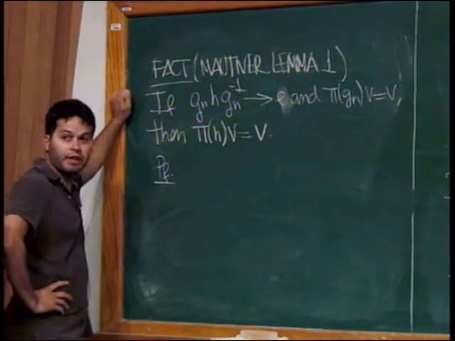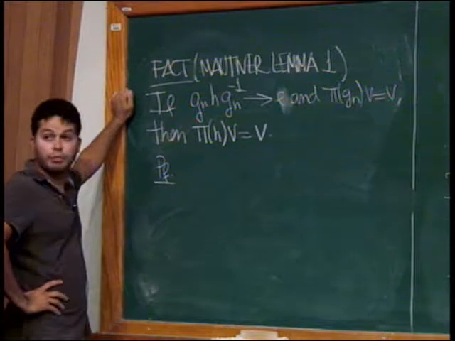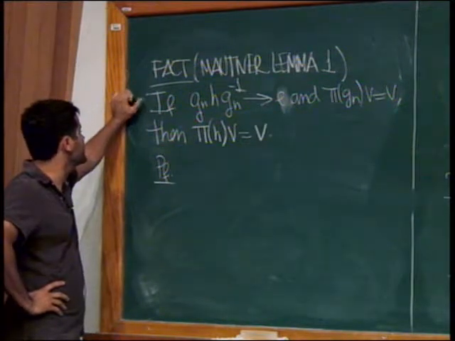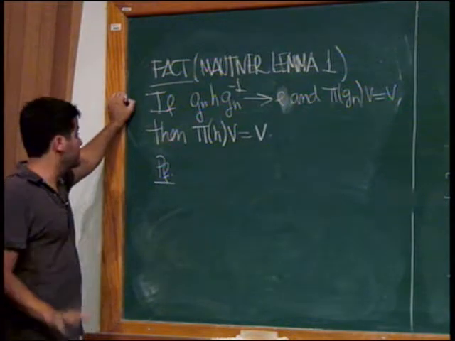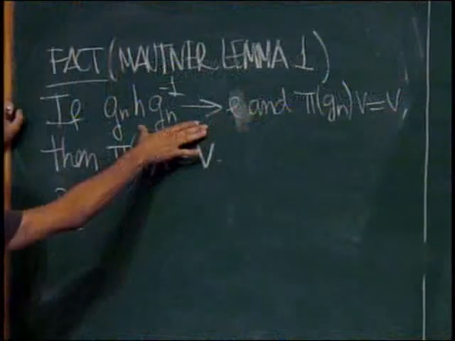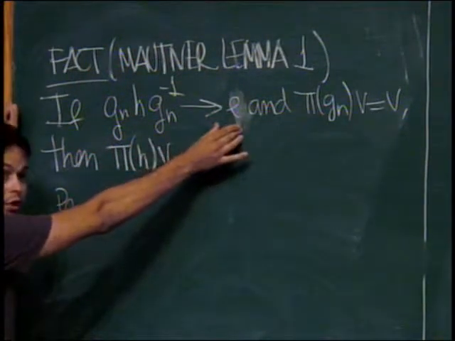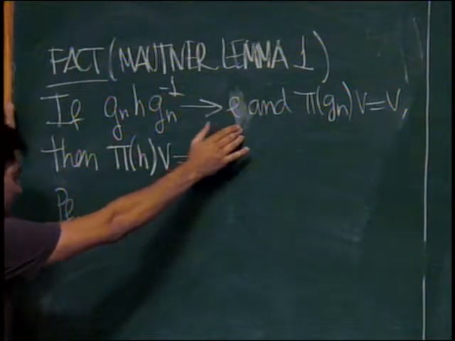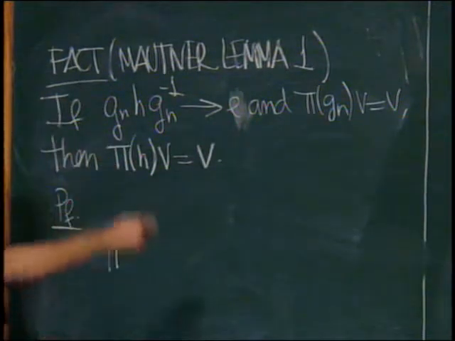how would we prove something like that? We have to use the conditions of the representation: that the representation is unitary and strongly continuous. Strong continuity is used here. The definition of strongly continuous means that if you have a sequence converging to another element of the group, then you can pass the limit from outside to inside.